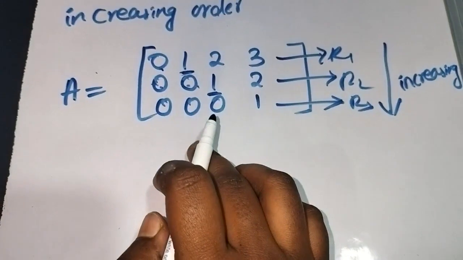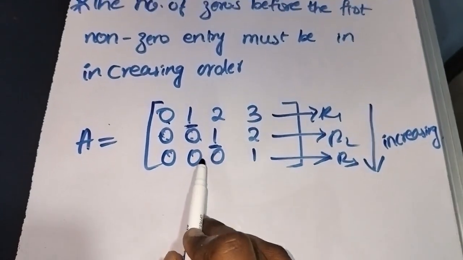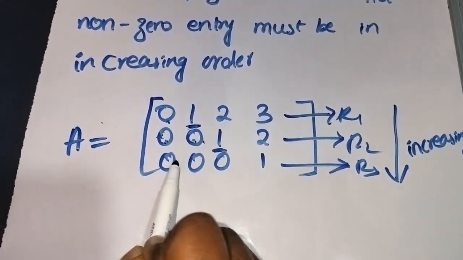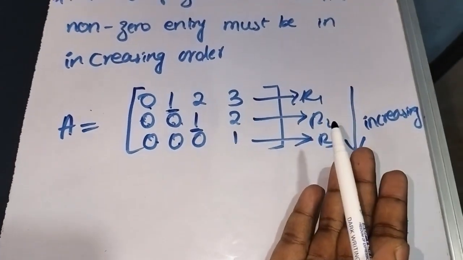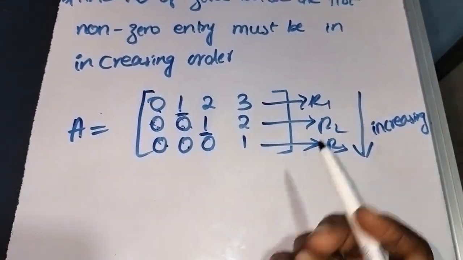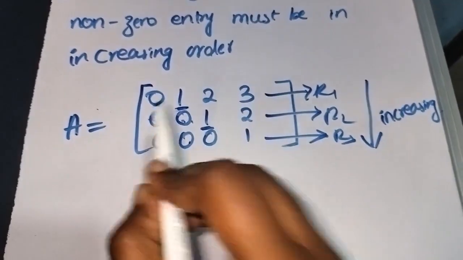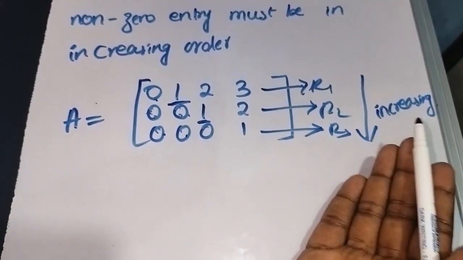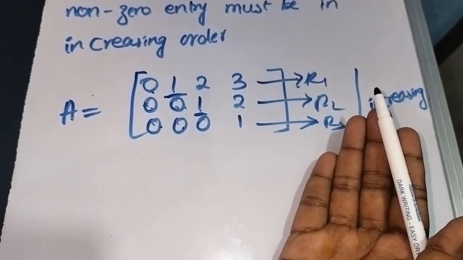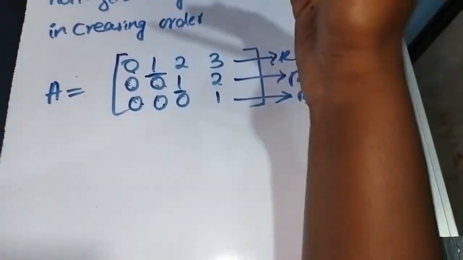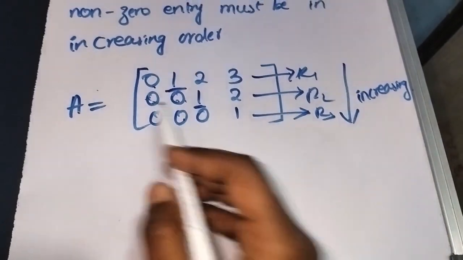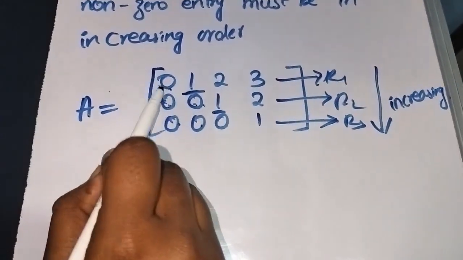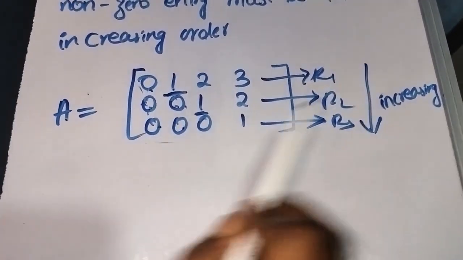The zeros which are present before the first non-zero entry, which in echelon form is 1, must be in increasing order from top to bottom of the matrix. If the matrix is written like this, from top to bottom these zeros must be increasing.